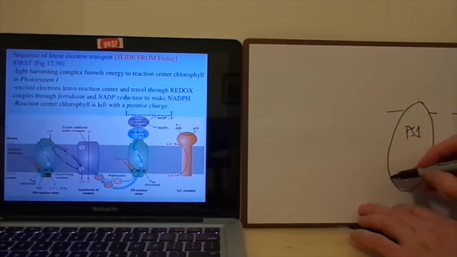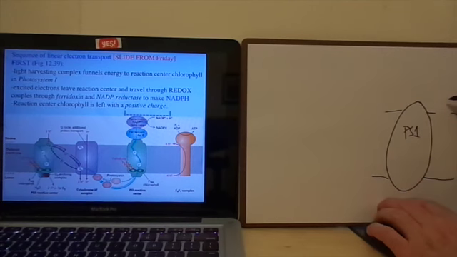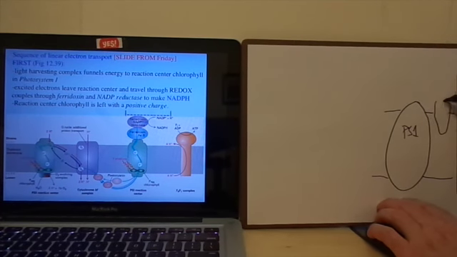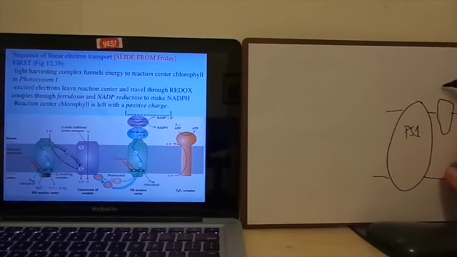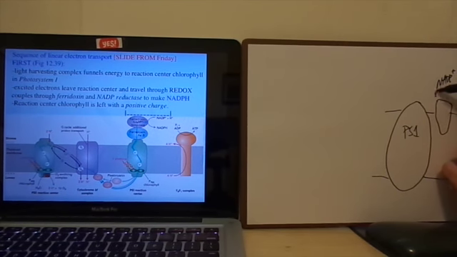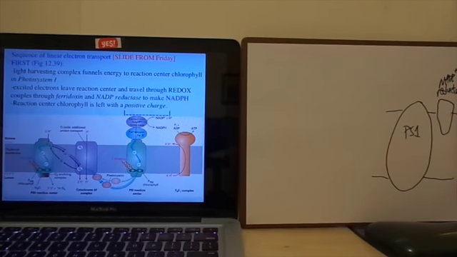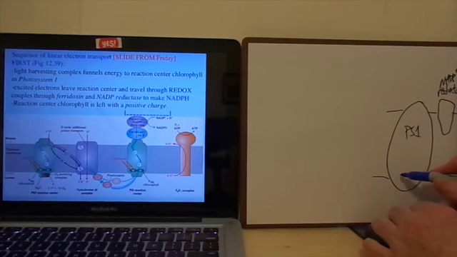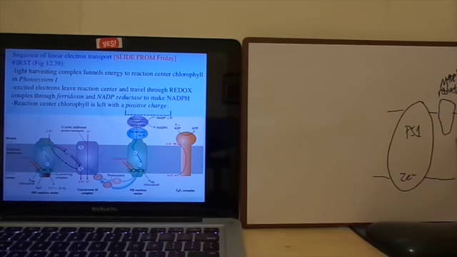We're going to keep going over there. All right, so here's photosystem 1. This is the NADP reductase. And you can see that my handwriting is just as bad as it is when I work on the board. And here's the reaction center chlorophyll. So here are the two electrons. This is all the light coming in.